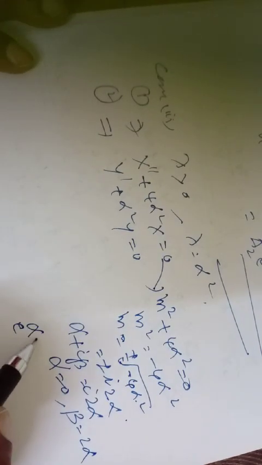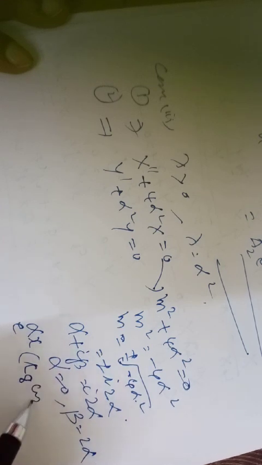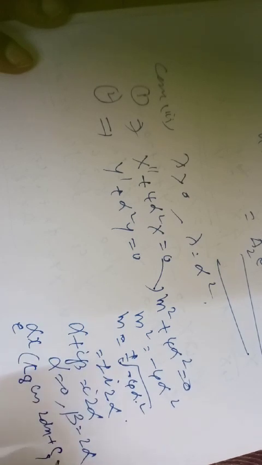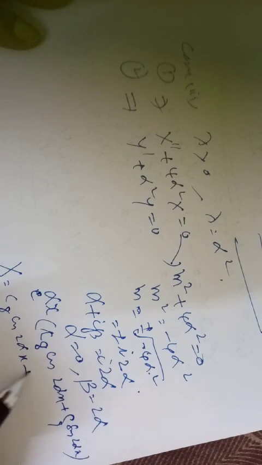And the solution is e raised to alpha x into some constant c8 cos beta x, that is 2 alpha x, plus another constant c9 sin beta x, that is 2 alpha x. But alpha is 0 here and e raised to 0 is 1. Therefore the solution is x equal to c8 cos 2 alpha x plus c9 sin 2 alpha x.